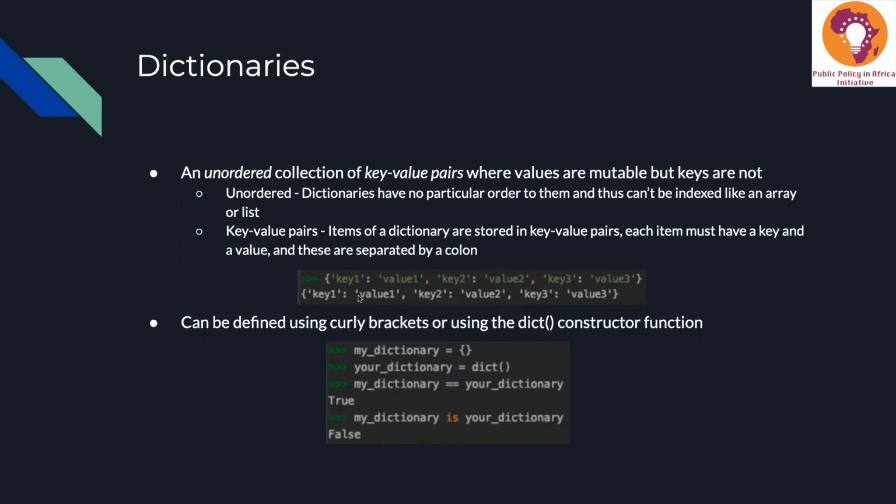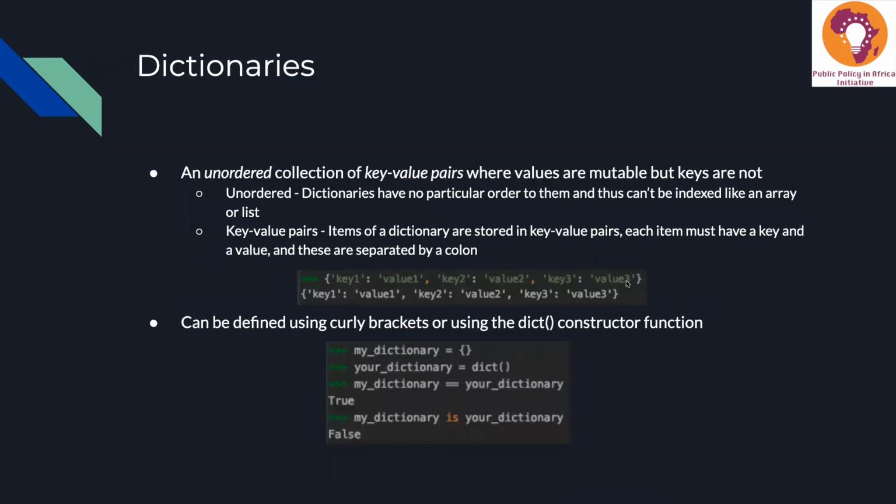In this particular case, I'm creating a dictionary using my squiggly brackets or curly brackets. This is a single element in my dictionary: a key, a colon, a value, and then a comma to separate that from my next key value pair, where I have key 2, colon, value 2, and then a comma to separate my next key value pair, which is key 3, value 3.